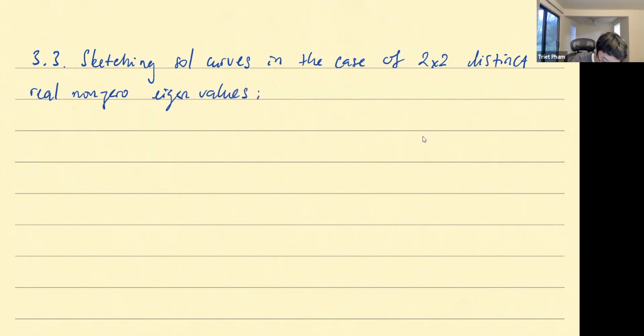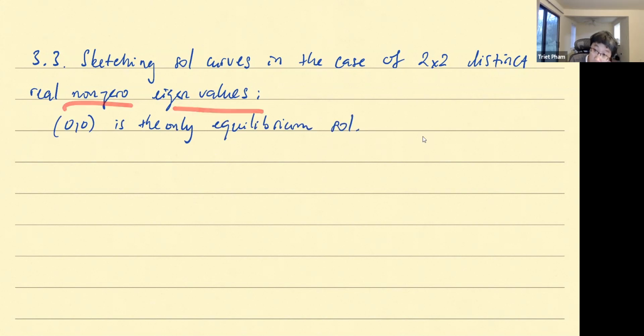Okay. So along this sketching, there is a solved question of classifying the nature of the equilibrium. So in all these cases, 0, 0 is the only equilibrium solution. The reason is because we assume the eigenvalues are non-zero.